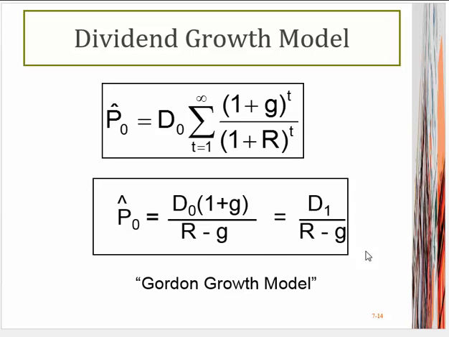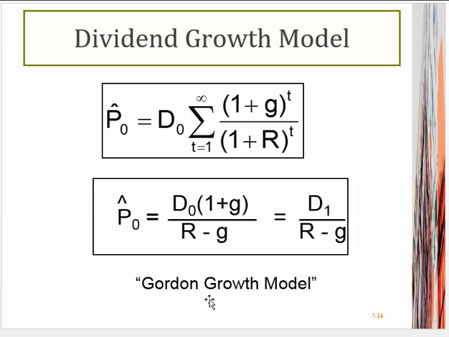So it kind of boils down to what we talked about in the very first slide from the spreadsheet: in order to calculate the value of a stock, you need to know three things. You need to know the future dividend 1 year out, the required return today, and the growth rate of future dividends into the future.